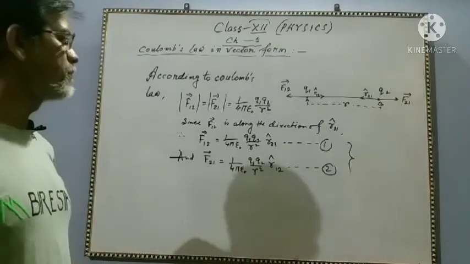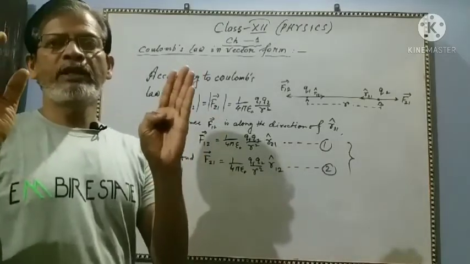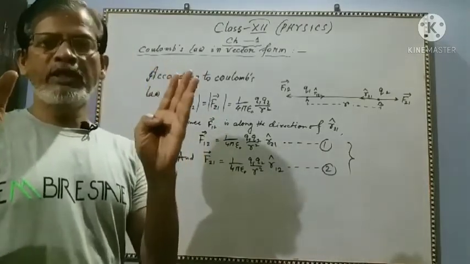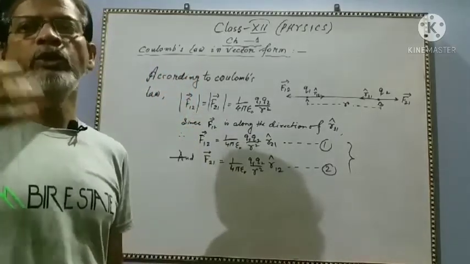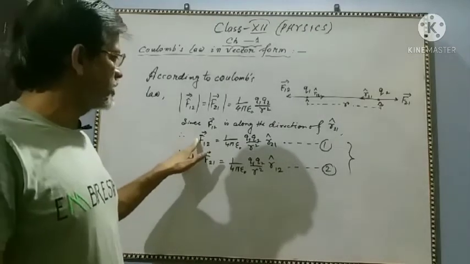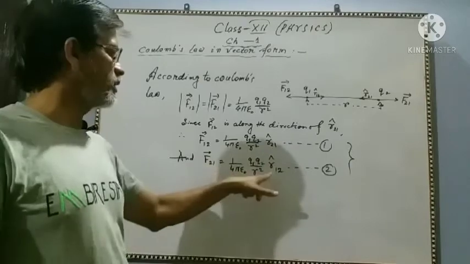So easy. Only you have to represent the vector, and to represent vector we have to multiply with a unit vector. So what is its direction? This. What is its direction? This.